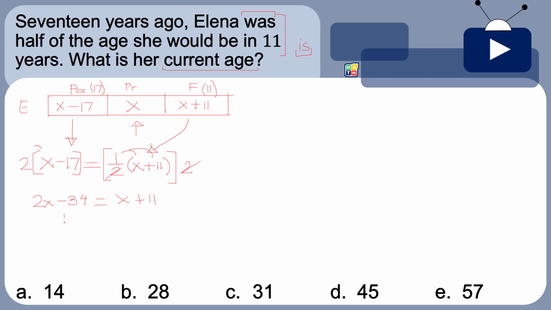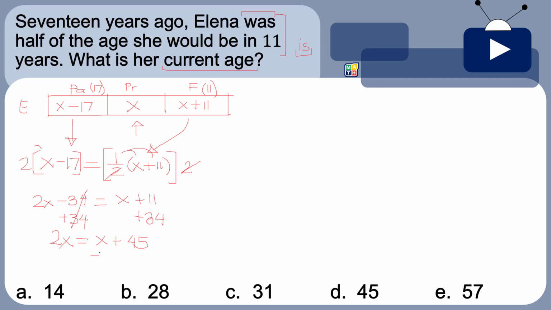So from here, add 34. To remove that, don't forget that you also add 34 here. So you have 2x is equal to x plus 45.